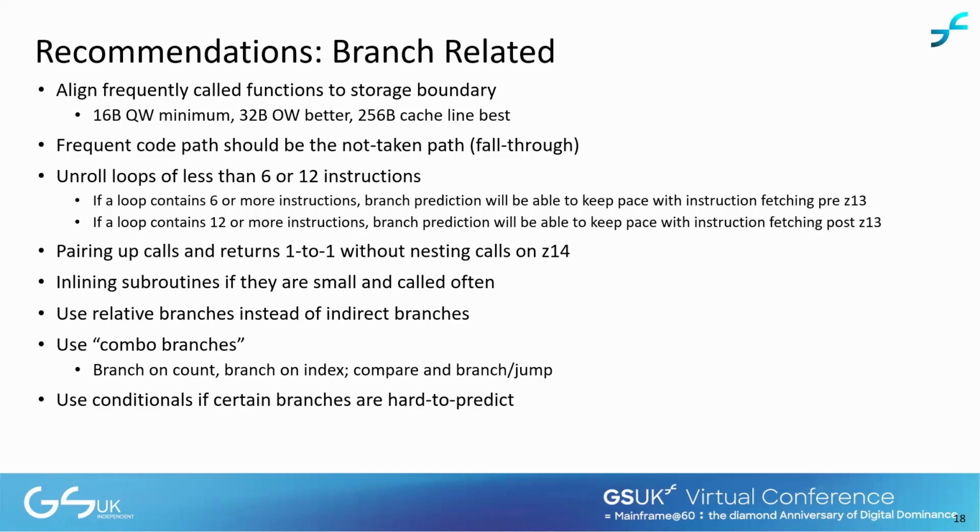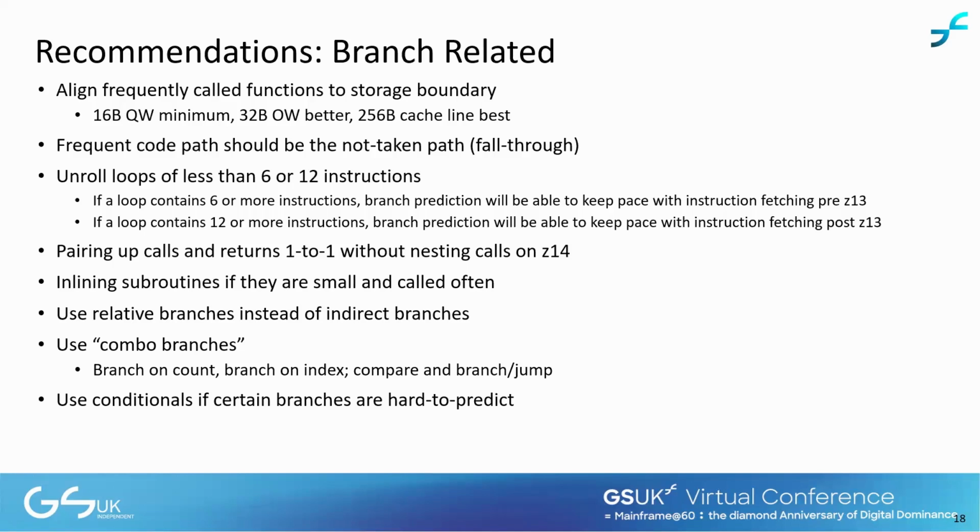There are certain things, based on how wide the pipeline is and how large a group of instructions should be, that you would choose to unroll. If you're unrolling prior to Z13 and you have a loop that contains 6 or more instructions, the branch predictor will be able to keep pace with that. But starting with Z13, if it contains 12 or more, then the branch predictor can keep up with that.